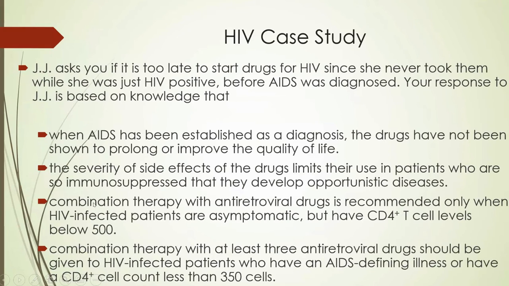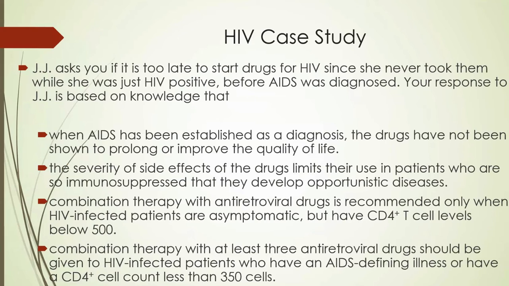So as we're caring for JJ, she asks if it's too late to start medications for HIV since she didn't take them when she was just HIV positive before the AIDS was diagnosed. We answer based on knowledge that A, when AIDS was established as a diagnosis, so when she progressed to that, the drugs have not been shown to prolong or improve her quality of life. B, the severity of the drugs limits their use to patients who are so immunosuppressed that they develop opportunistic infections.